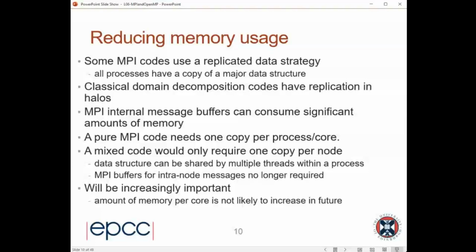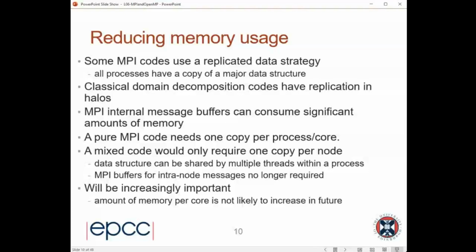Now, that seems wasteful on ARCHER2, because you have 128 MPI processes on a node, and if that mesh is a gigabyte, then in MPI every process has to have its own copy. So you have 128 gigabytes, which is 128 replicas of the same thing.